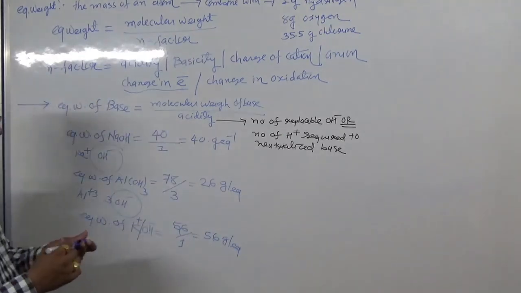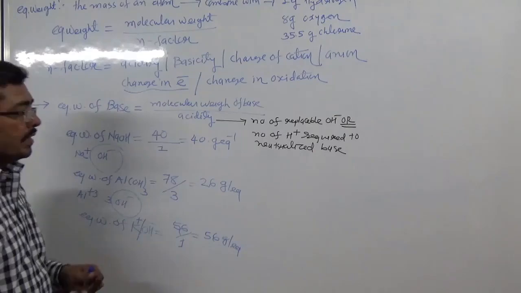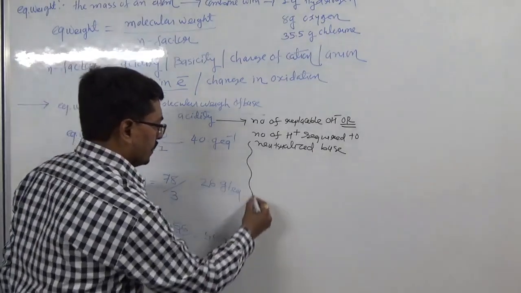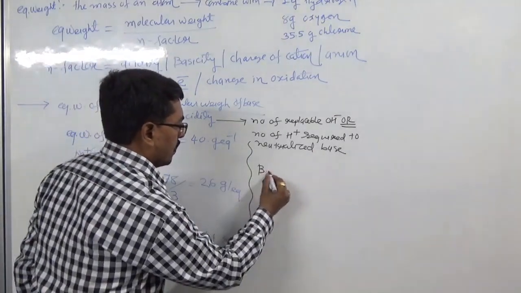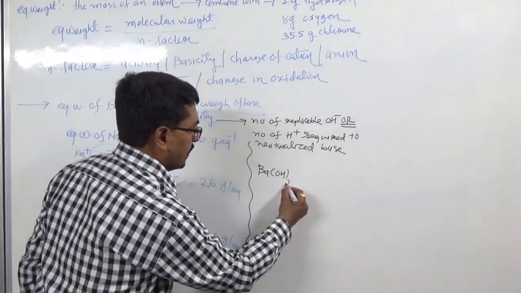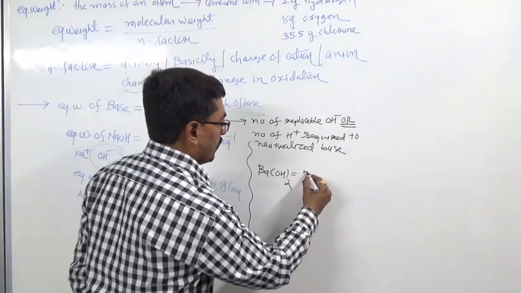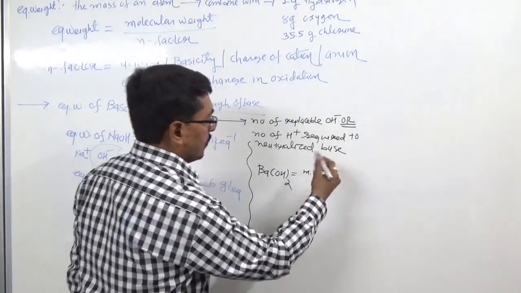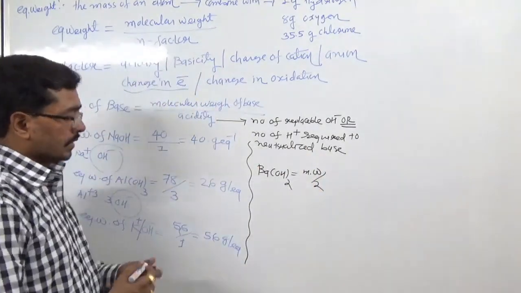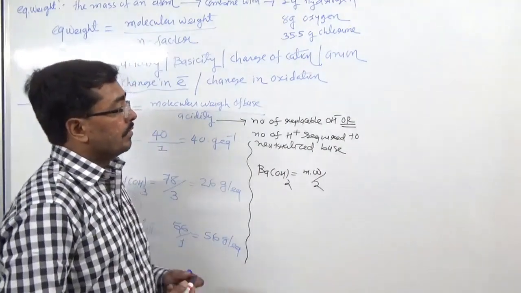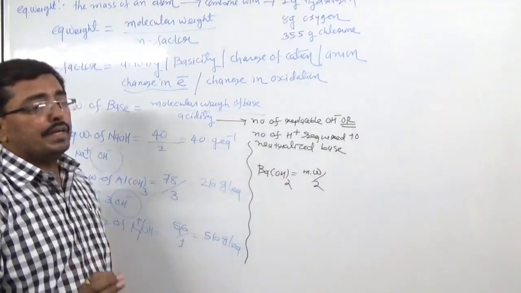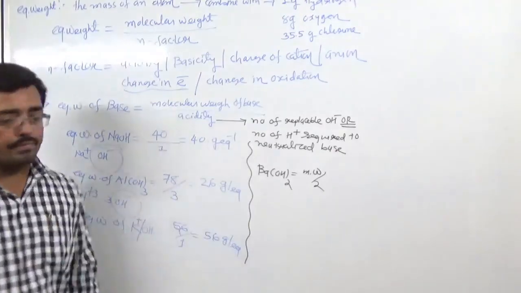For barium hydroxide, the number of replaceable hydroxyl ions is 2, so the formula is molecular weight divided by 2. Do this in your homework. In this way we can find the equivalent weight of different types of base.